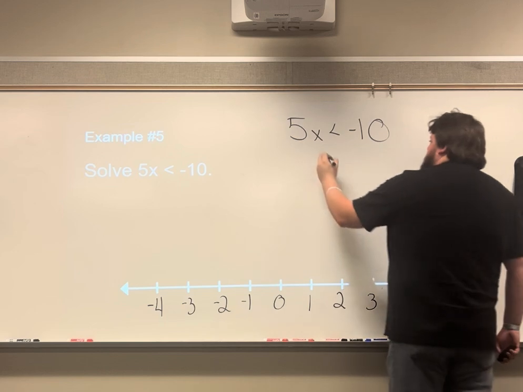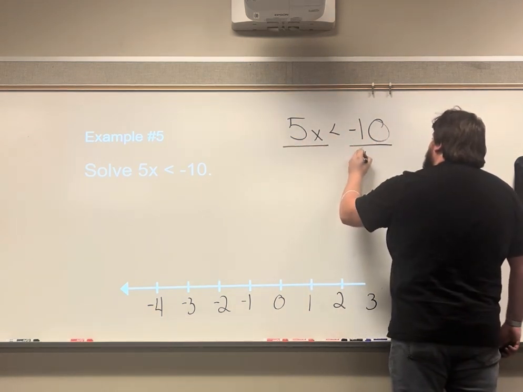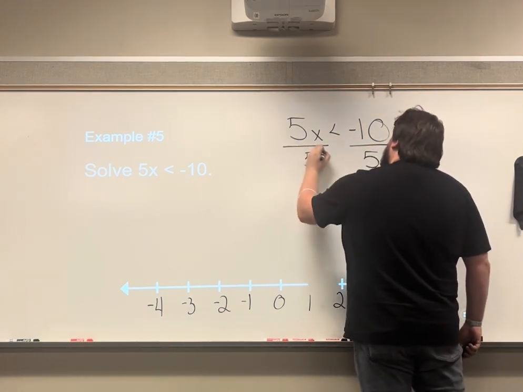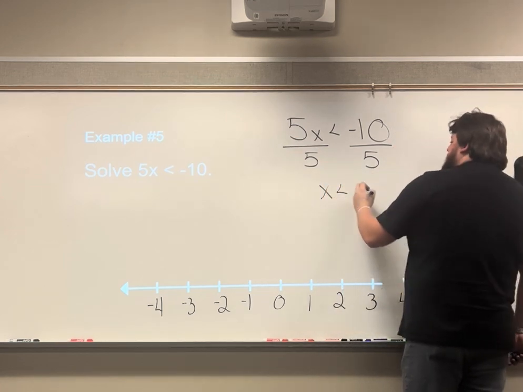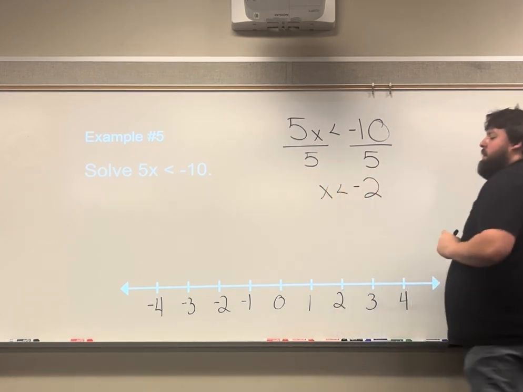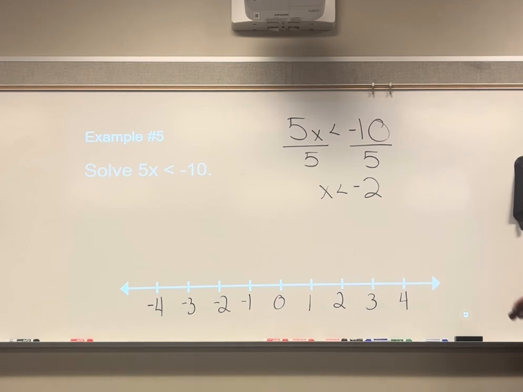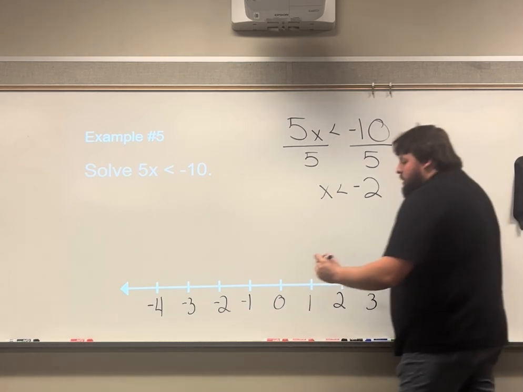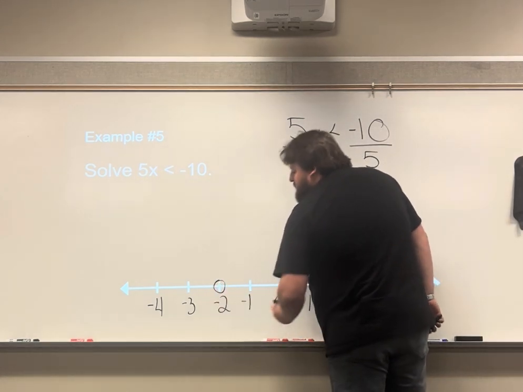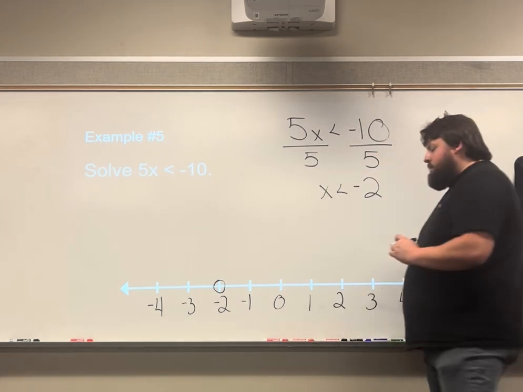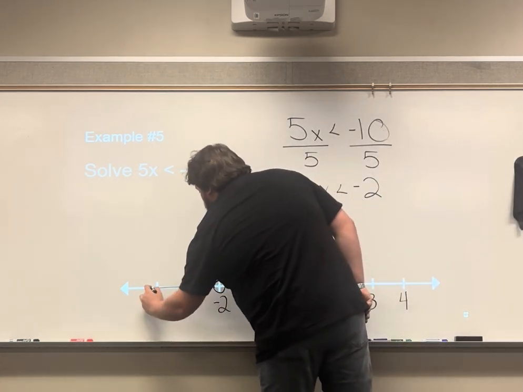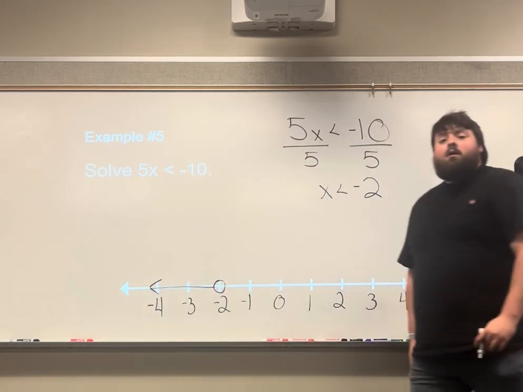Once again we see multiplication, so I'm going to have to divide both sides by 5. So x is less than, in this case, -2. So my point is going to be on -2. It's going to be an open circle. And since I'm pointing towards the letter, I'm going to the left.